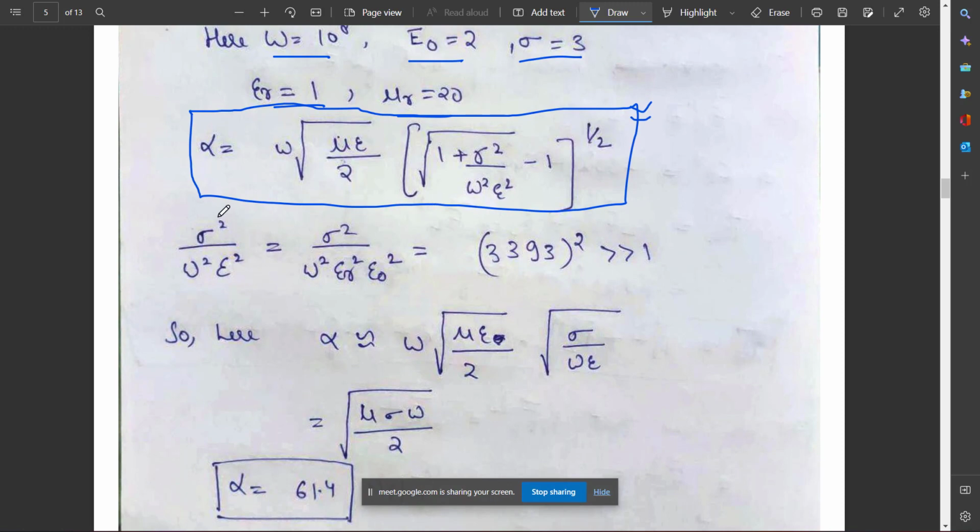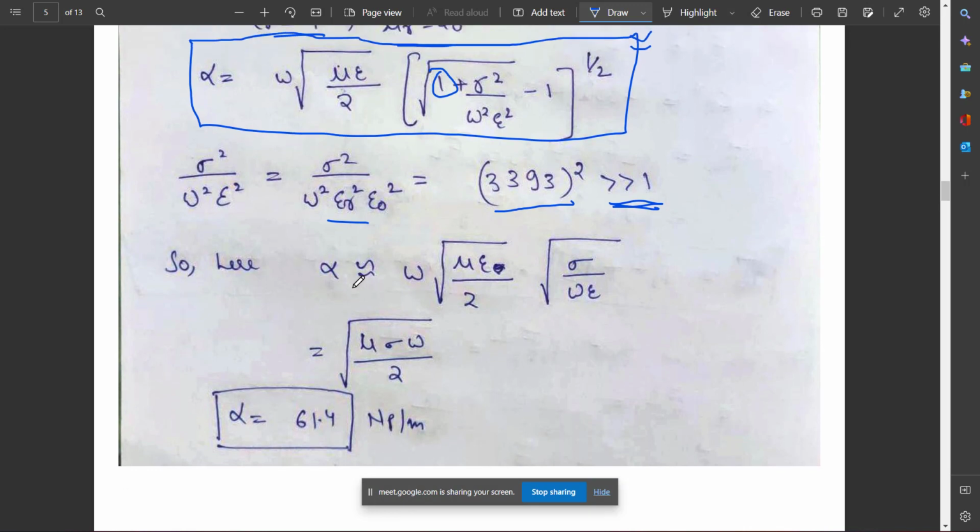Now here see that if we put sigma square upon omega square into epsilon square, we get a value something like the square of 3393, which is way above 1, right? So here we can neglect the 1. Adding 1 to this won't make much difference, so we will neglect it. And for the subtraction as well we will neglect it, since it is under the square root as well.